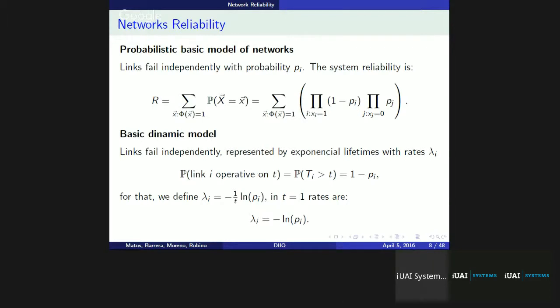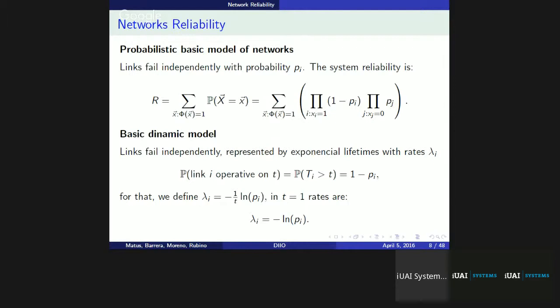We choose a moment to observe the network, and at that moment we can assign operative or non-operative to the whole network. In particular we choose t equals 1, but it's arbitrary. We can choose 2, 3, 4, it's not important, and we take the lambdas to do that. To recover the original model, we need lambda_e equal to minus log of the marginal probability for each component.